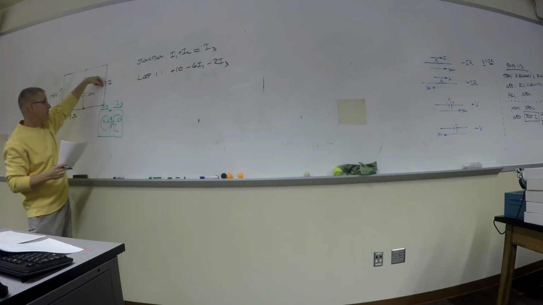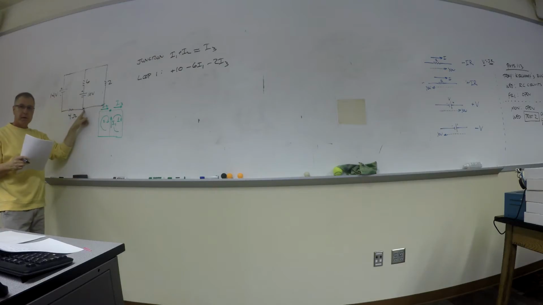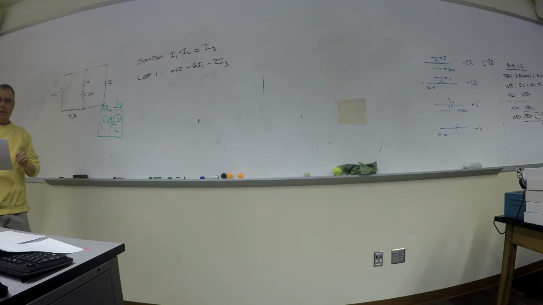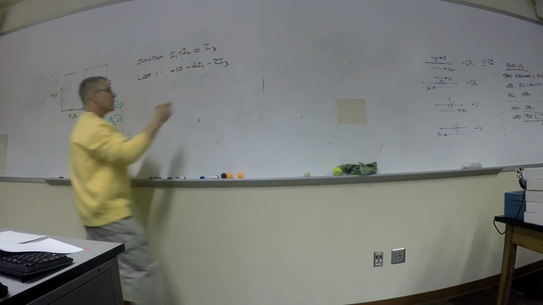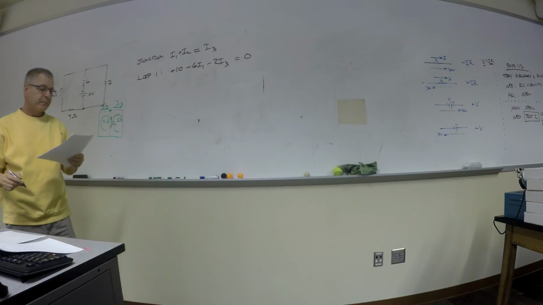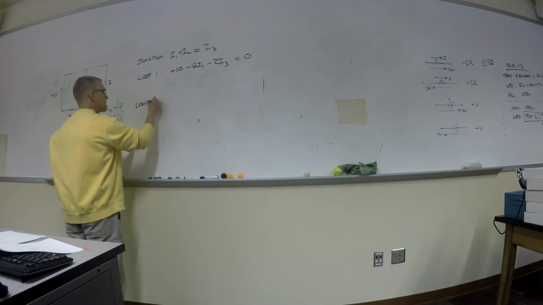That's I3 over in this branch. Nothing, nothing, nothing, I'm back to my starting point. So I've accounted for the 3 circuit elements in that loop. What do they have to add up to? 0. All those changes are going to add up to 0. Let's do our second loop.